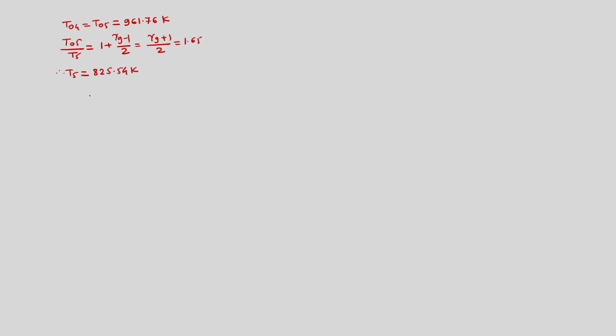Knowing this, we can calculate T5, and T5 comes out to be 825.54 Kelvin. Knowing T5, we can calculate Cj, which is the speed at the exit of the nozzle, which is the square root of gamma gas R gas into T5, or Tc. This is the same as Tc. Gamma gas is 1.33, and R was 284 in the earlier example.